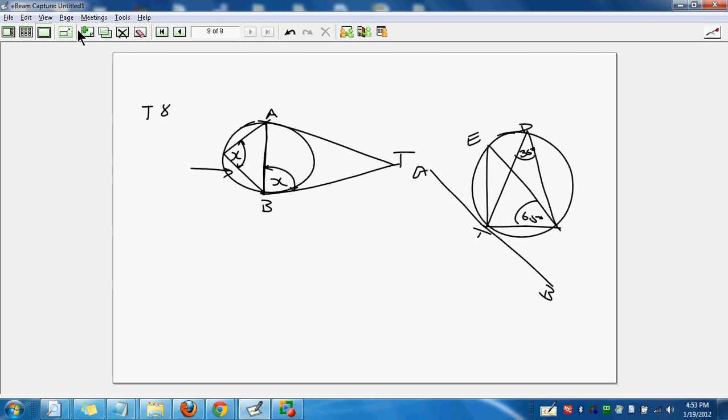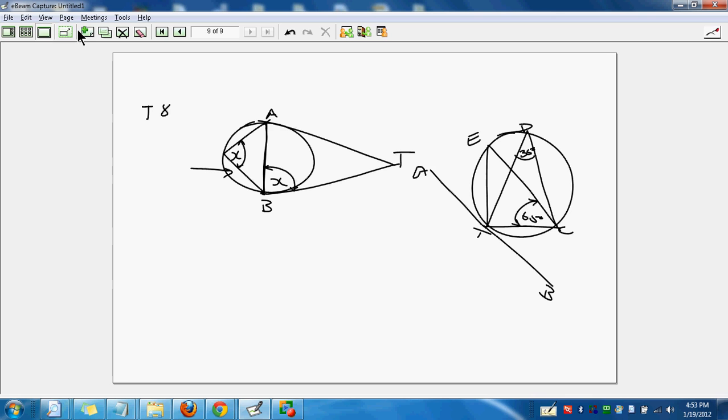So this is CT here, that's a chord. If TDC is 35 degrees, so TDC 35 degrees are shown, and TCE 65 degrees are shown, estimate TEC, CTB, and ETA.